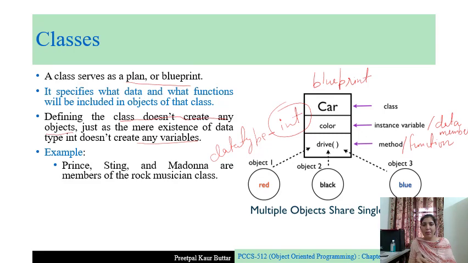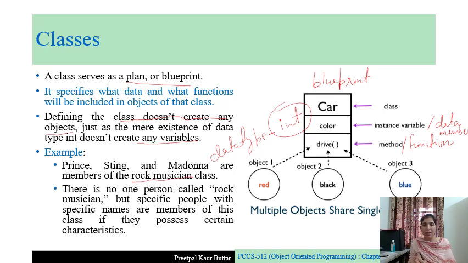For example, Prince, Sting, Madonna. These are the members of rock musician class. There is a class rock musician. Okay. Just like this car, and it has members Prince, Sting and Madonna. There is no one person called rock musician. Okay.